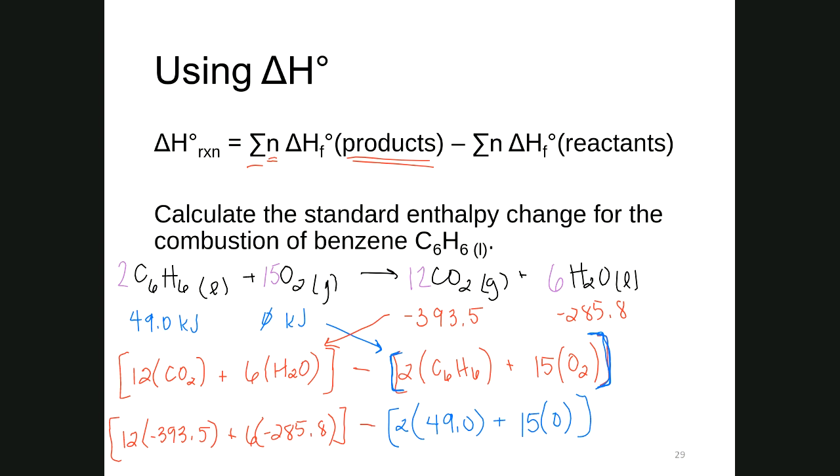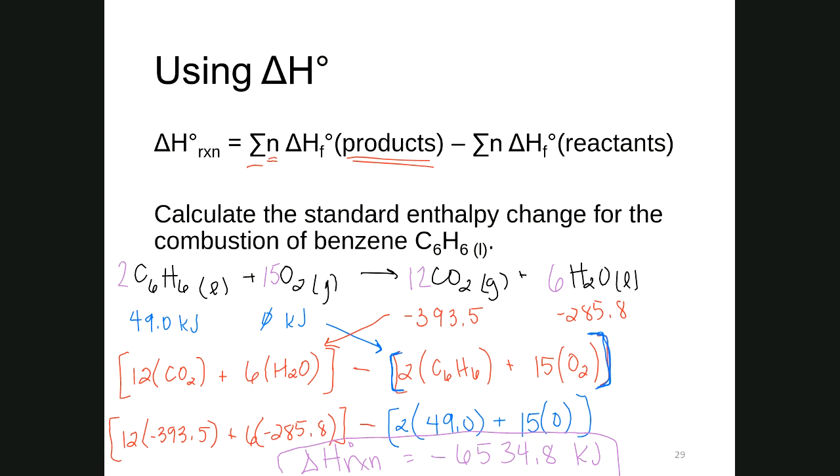So I'm getting a value of delta H of reaction equals negative 6,534.8 kilojoules. And so that would be your final answer.